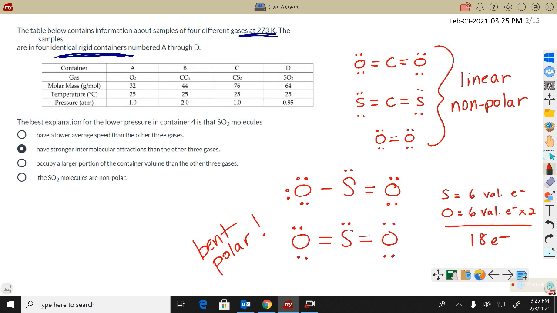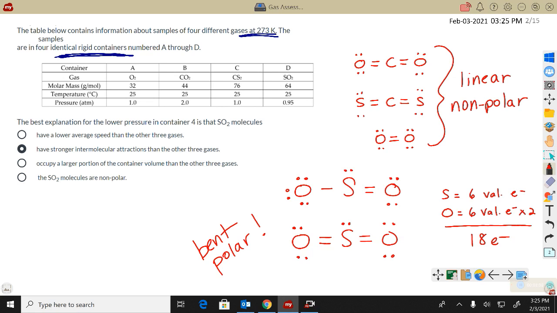Then there were a series of questions that referred to a table with 4 gases, A, B, C, D. They are at the same temperature, and they are in identical rigid containers labeled A through D. The best explanation for the lower pressure in container 4 — there was one of these kind of similar on a practice quiz — is that we expect particles to collide, and if they're at the same temperature, they have the same amount of average kinetic energy, and so the same amount of collisions should cause about the same amount of pressure.